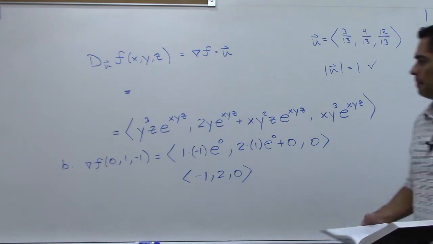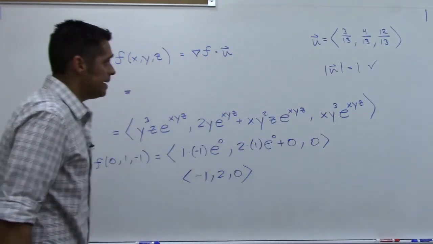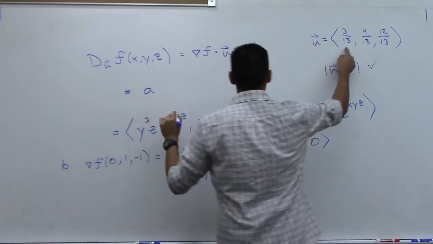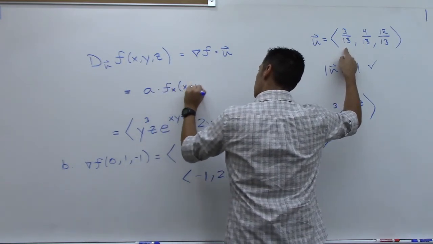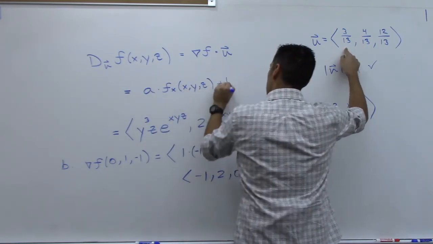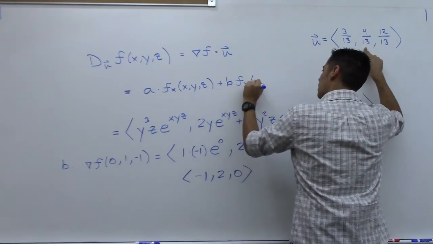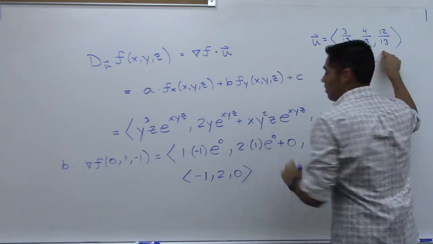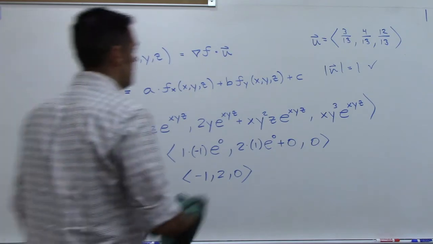So all I'm going to do is take a, which is this, in front of the partial of f with respect to x of x, y, z, plus b, which is this one, times the partial of f with respect to y of x, y, z, and then plus c, which is this one, times the partial of f with respect to z of x, y, z.